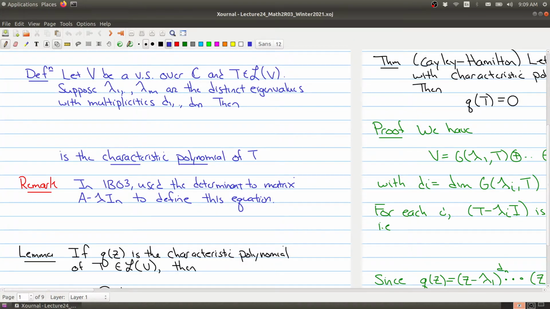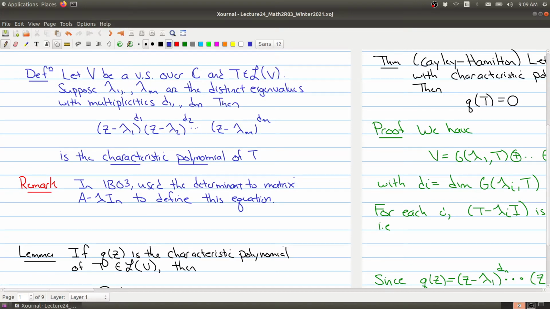Then we're going to make a polynomial from this information: z minus lambda 1 raised to the power of d1, times z minus lambda 2 raised to the power of d2, and so on, all the way down to z minus lambda m raised to the power of dm. This polynomial is called the characteristic polynomial of T.